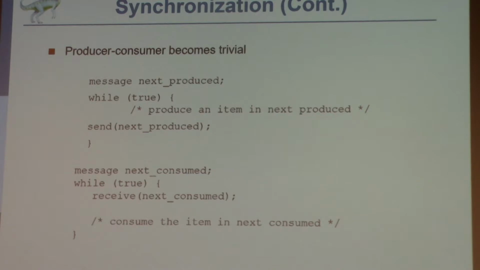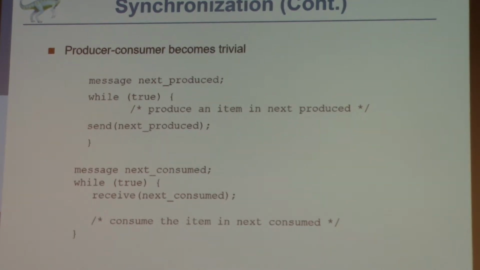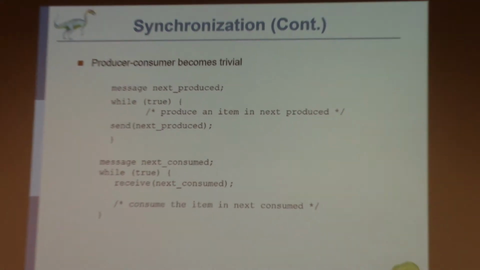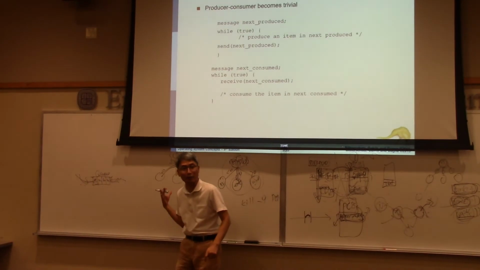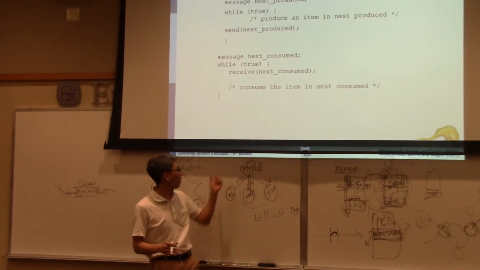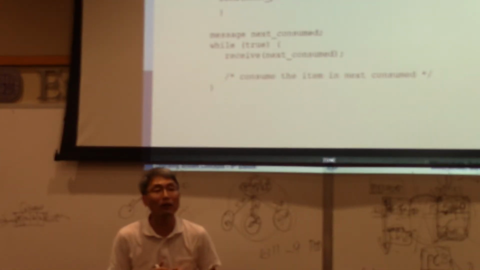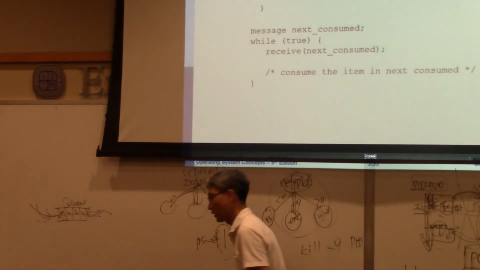This is called pipe. How many processes are created? Two processes. Then output of this one will be input of this using message passing. Output of ps will be input of the next command. So this is one of the implementations of the IPC, the message passing.